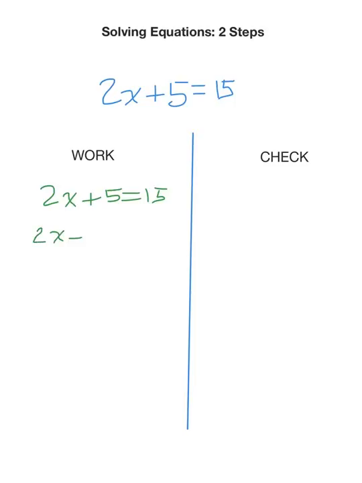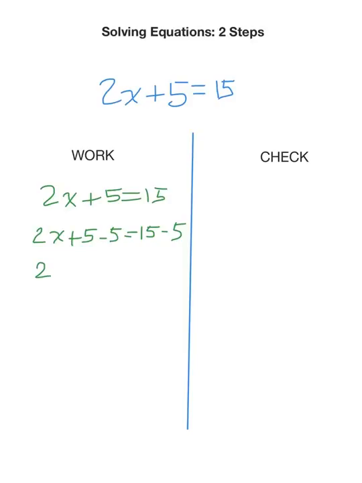2x plus 5, I want to get rid of the 5, so I'm subtracting 5, equals 15 minus 5. As you can see, I wrote minus 5 here and minus 5 here, because as we spoke in class today, what we do to one side of the equation, we must do to the other. And then we write our new equation down.